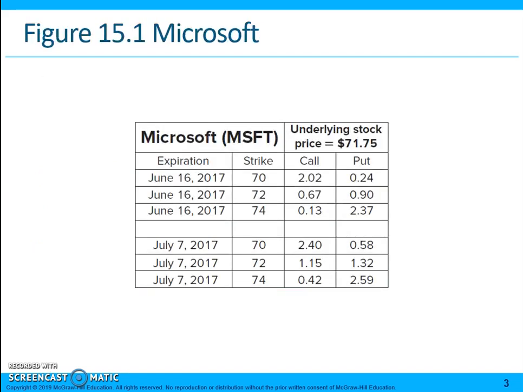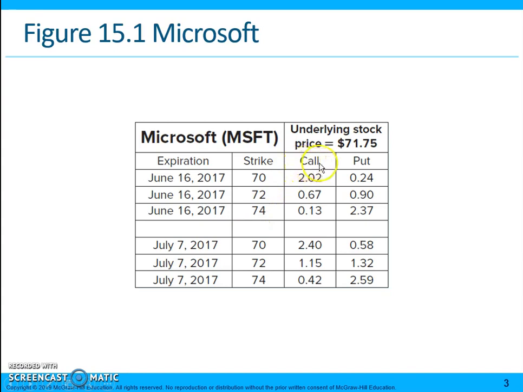Figure 15.1 is options for Microsoft. On the left-hand side here, we have expiration date. So we have three options that expire on June 16, 2017. Now the strikes are 70, 72, and 74.